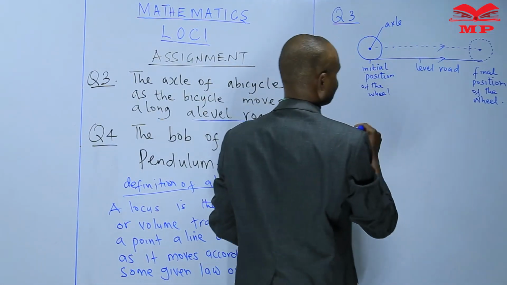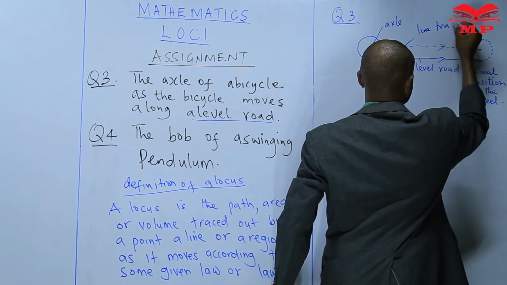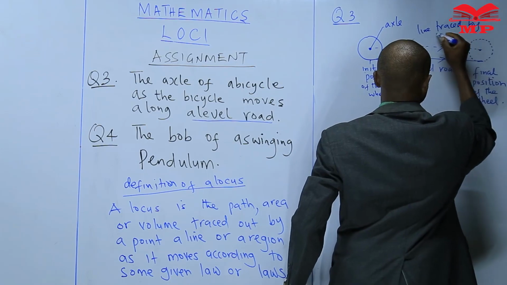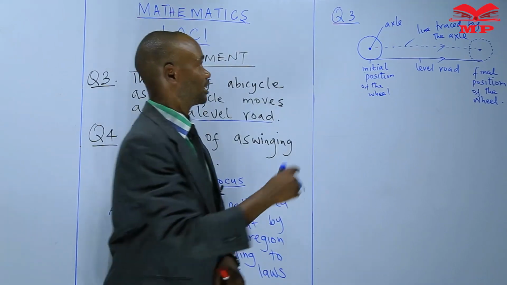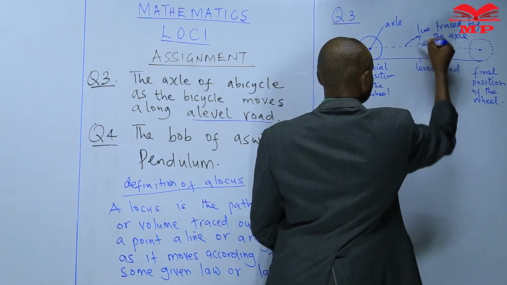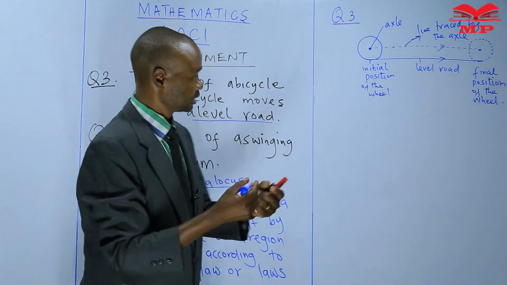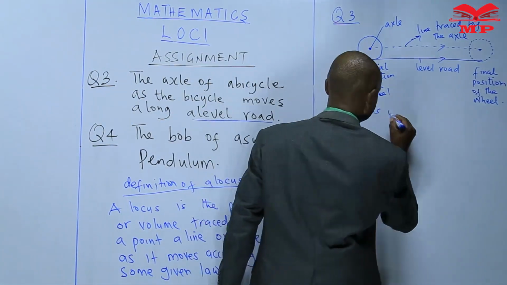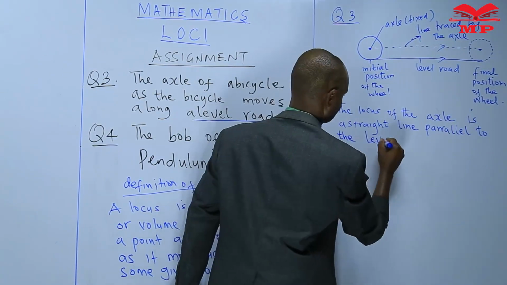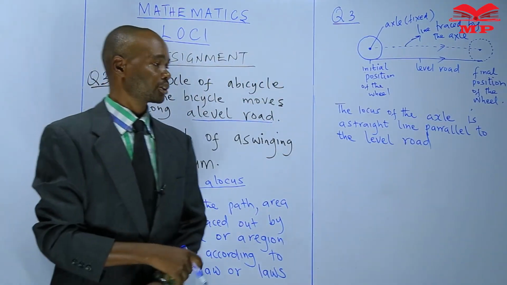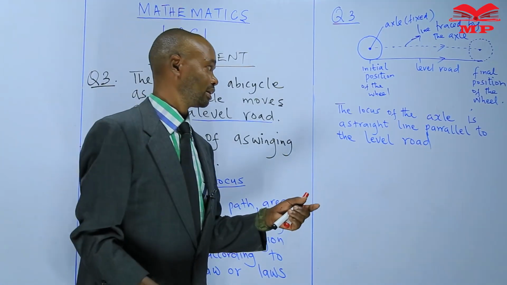This is the line traced out by the axle. So the locus of the axle is a straight line parallel to the level road.